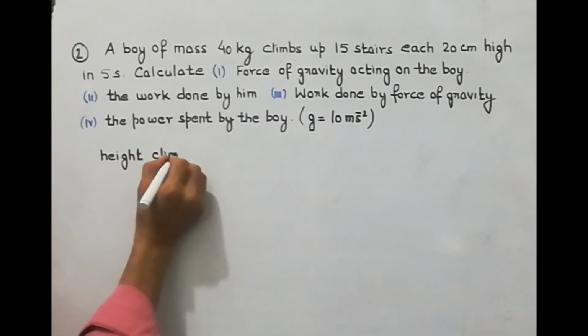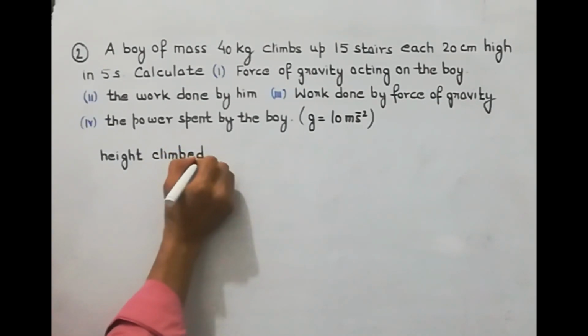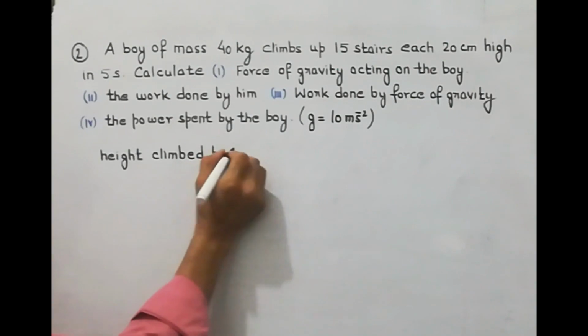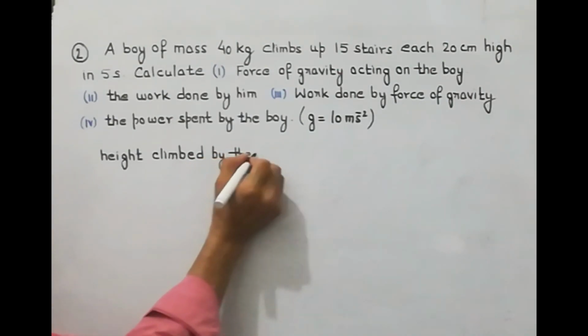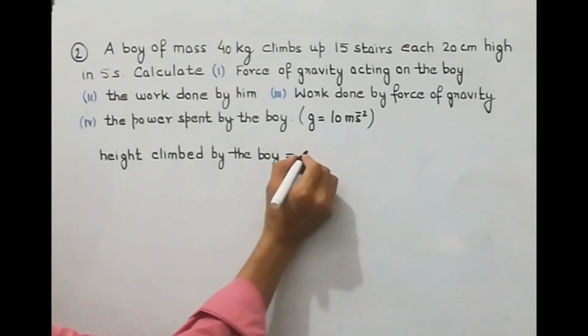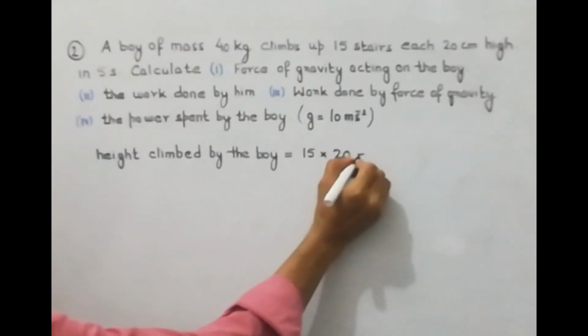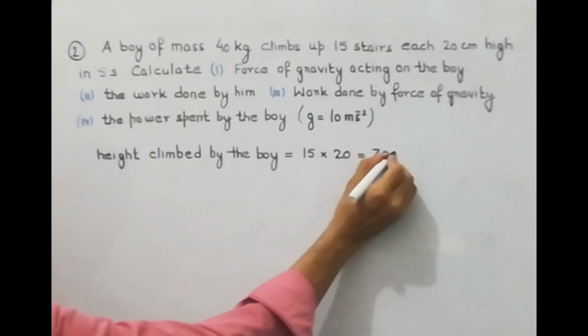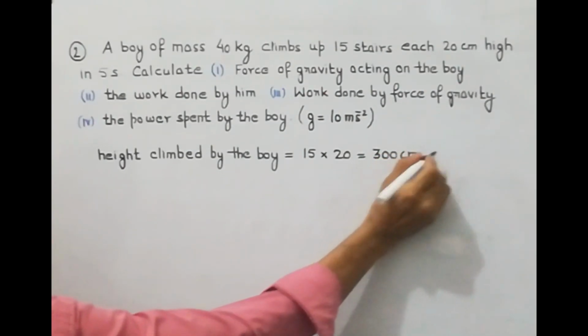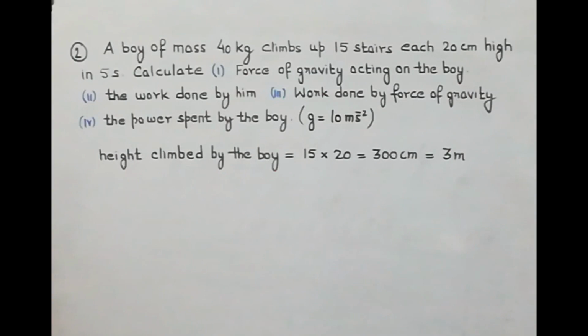Let us calculate what height he climbs. He is climbing 15 stairs and each stair is of 20 centimeter height, that is 300 centimeter. When you convert it into meter, it is 3 meter.